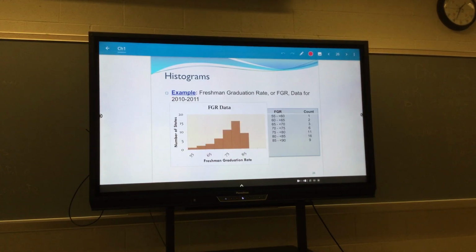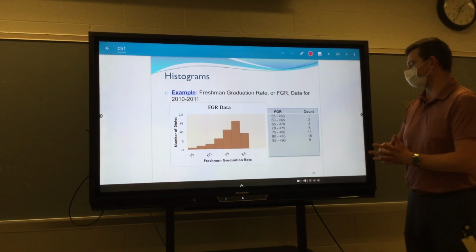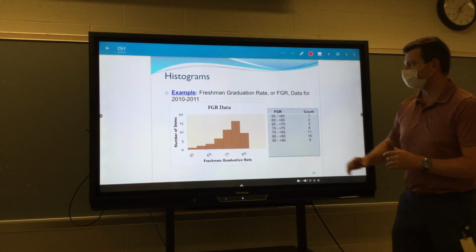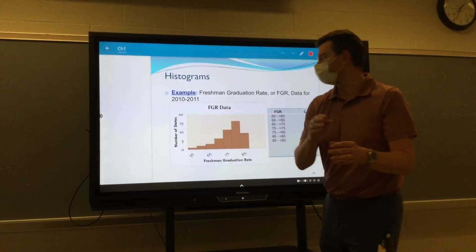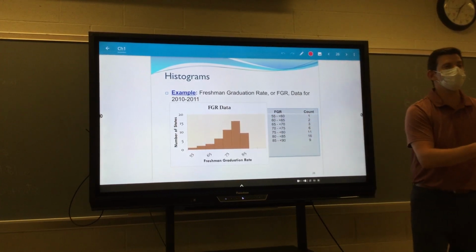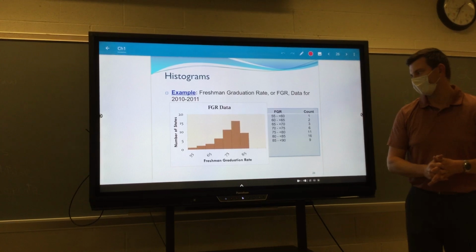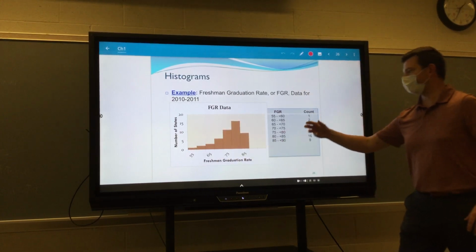So here, in this histogram, we have data collected from, I think, different universities, about the freshman graduation rate. Okay? What percentage of their freshmen go on to graduate from their colleges?